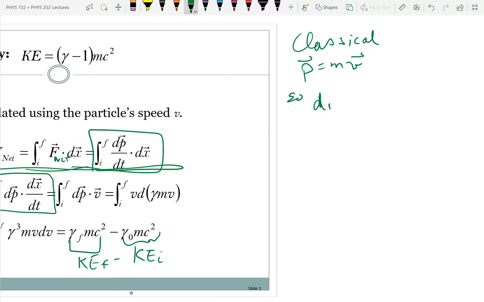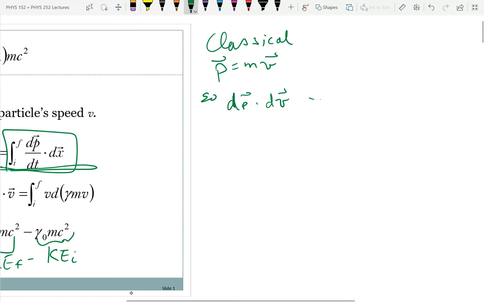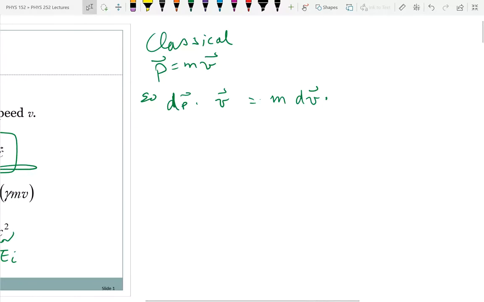So dp dot dv would just be equal to m dv, or excuse me, it was dp dot v, so m dv dot v.